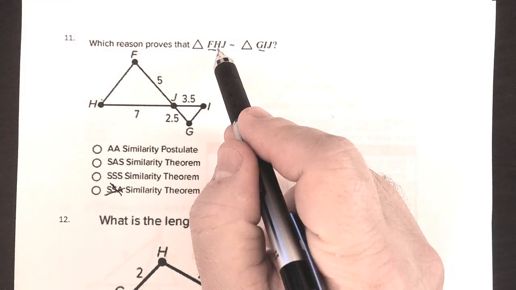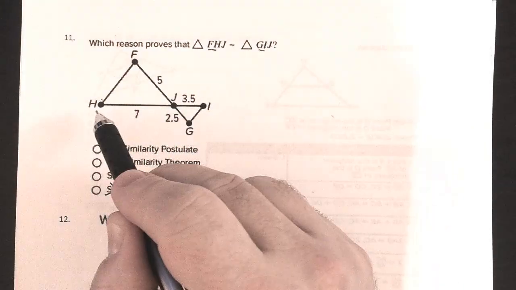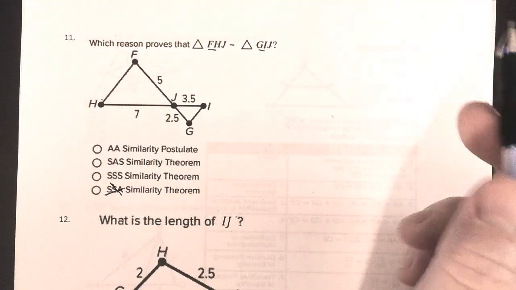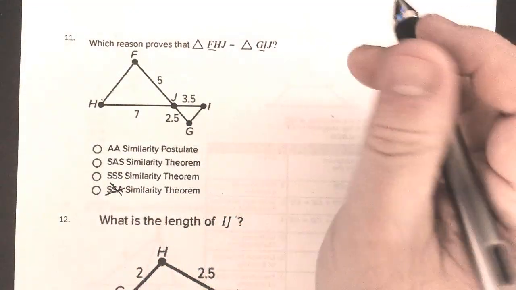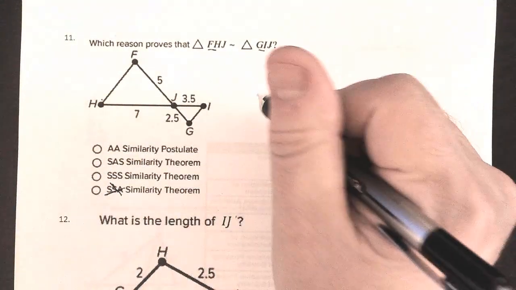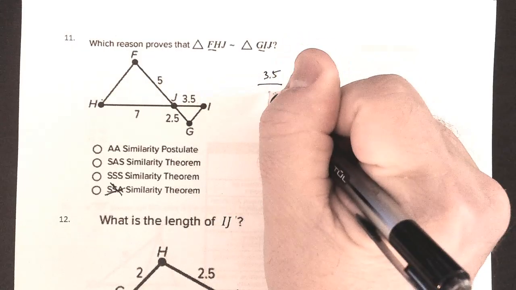All right, HJ, IJ. We'll go smaller over big. It doesn't matter, that's the way I'm going to do it. You could do it the other way. So it's going to be 3.5 over 7.